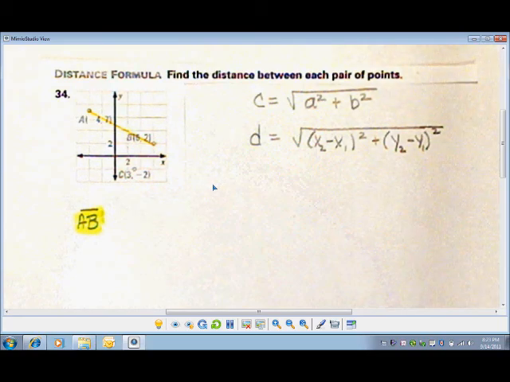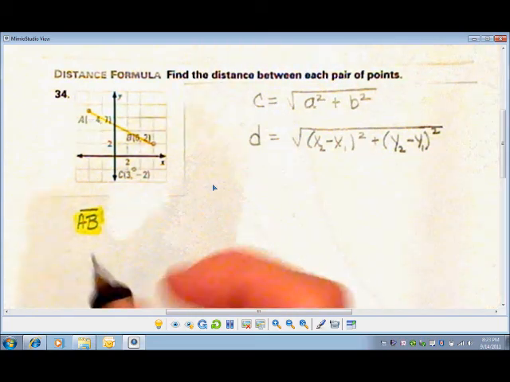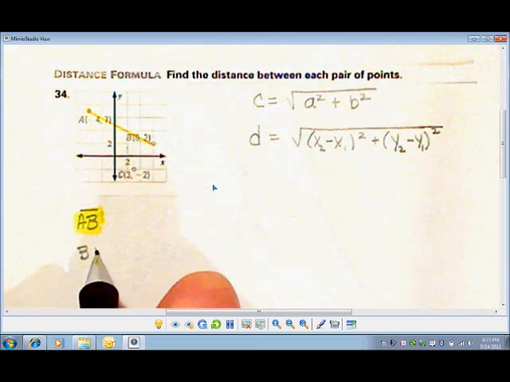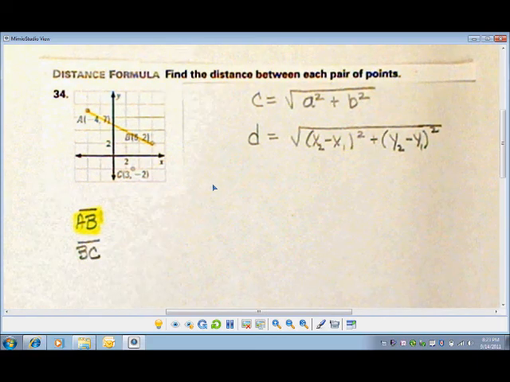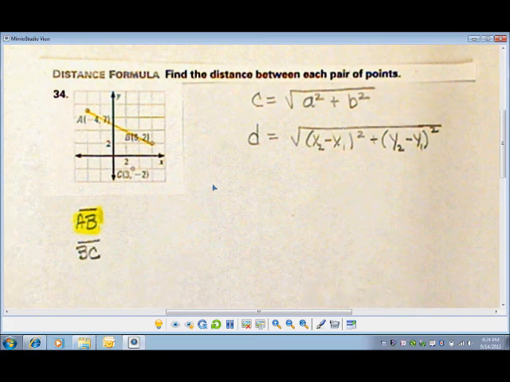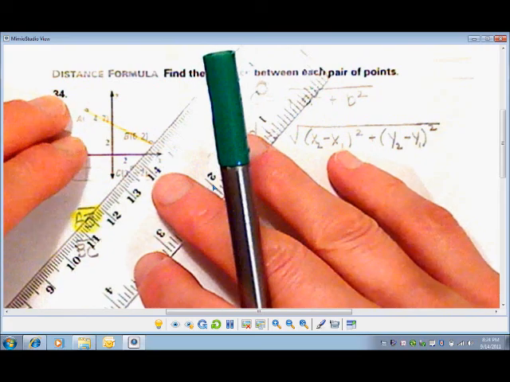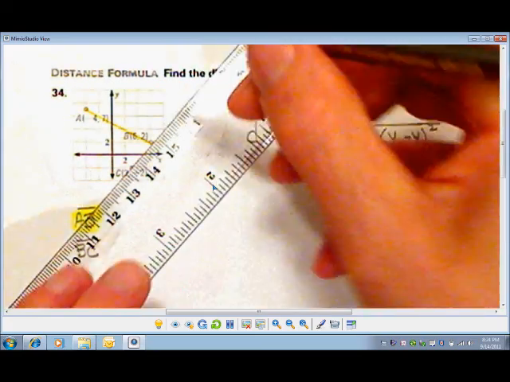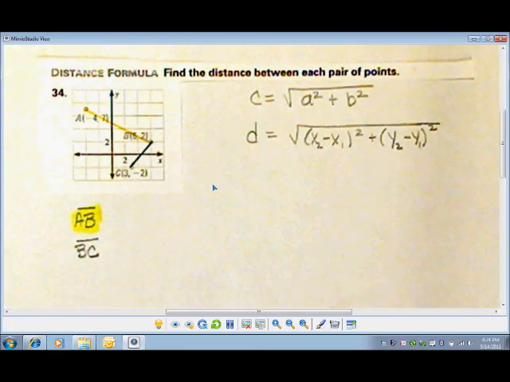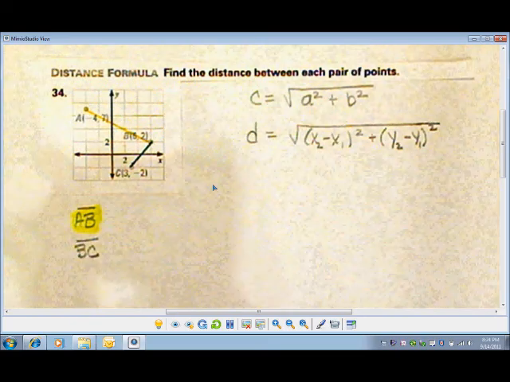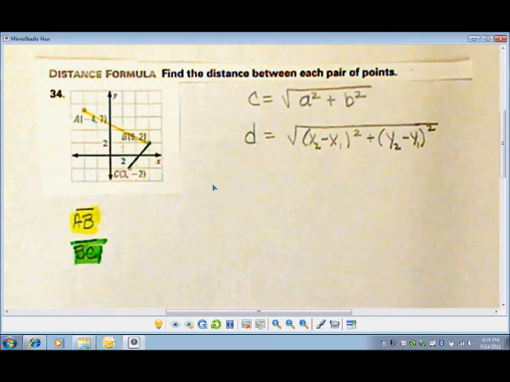And then I have another line segment. I have line segment BC. And BC is right here. This is BC. That's green.